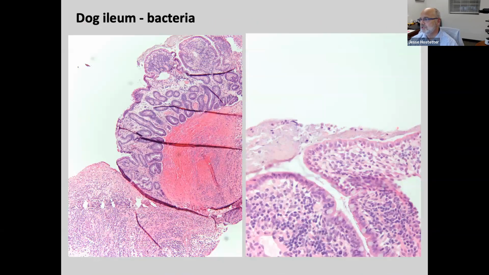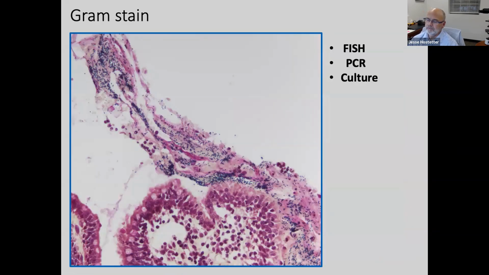This is kind of a gee whiz. I brought this along. This was a case I had. This was ileum, and it had this ulceration and almost a fibrinonecrotic membrane. This was a dog with acute vomiting. So this is really one of the few acute things I'll bring along. But I've not seen this very often. This dog had a lot of bacteria lining the villi. And I don't know what this means.